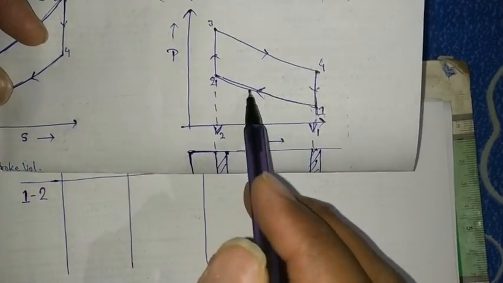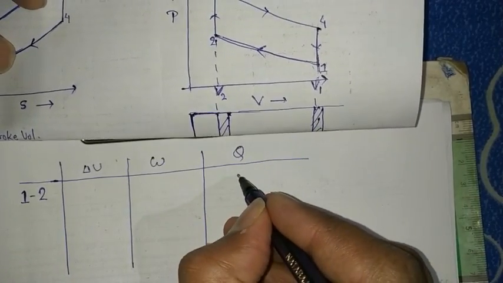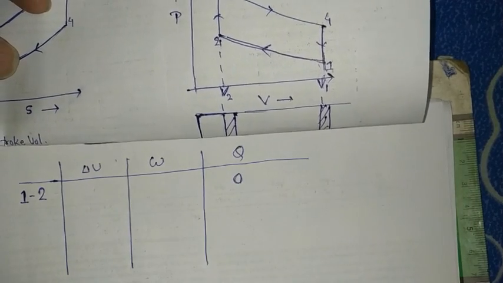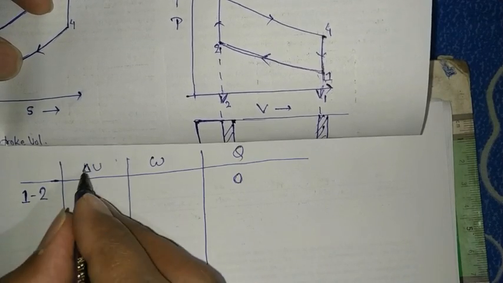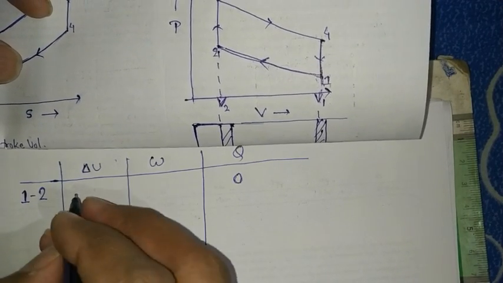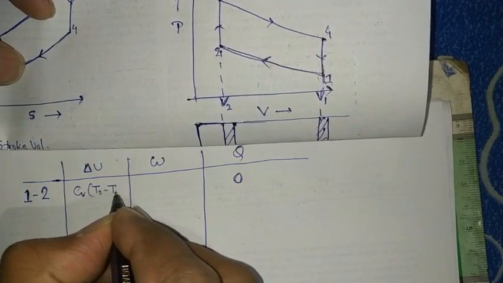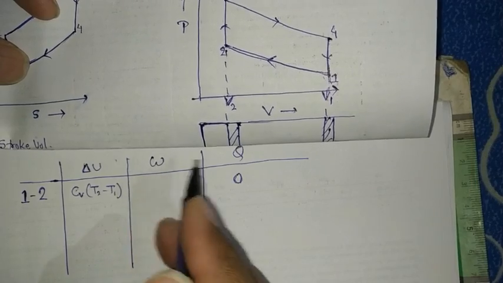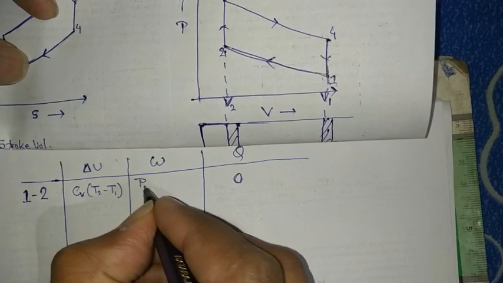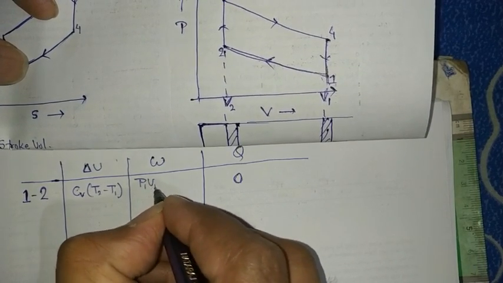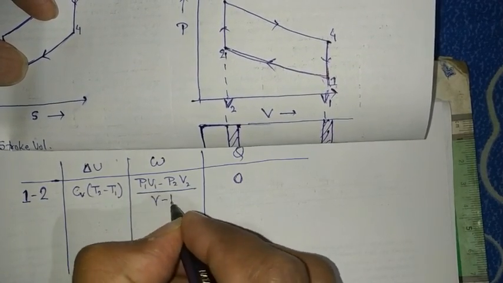Since process 1 to 2 is reversible isentropic, and a reversible isentropic process is adiabatic, for an adiabatic process Q is equal to 0. And del U, because the working substance is air, an ideal gas, we can write Cv (T2 minus T1), and work for an adiabatic process is (P1 V1 minus P2 V2) over (gamma minus 1).